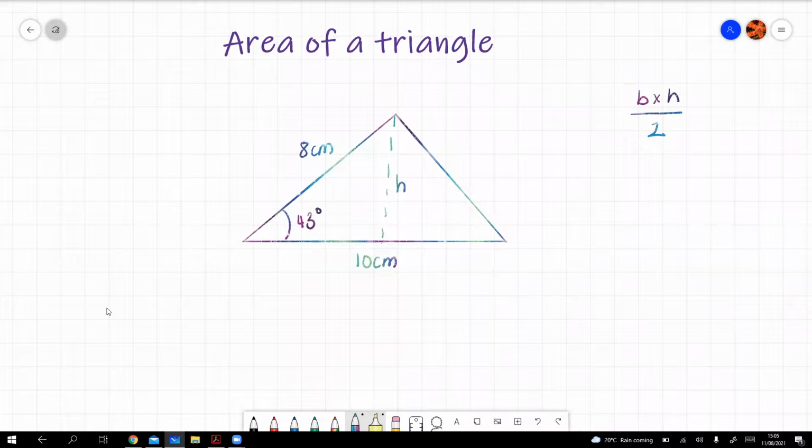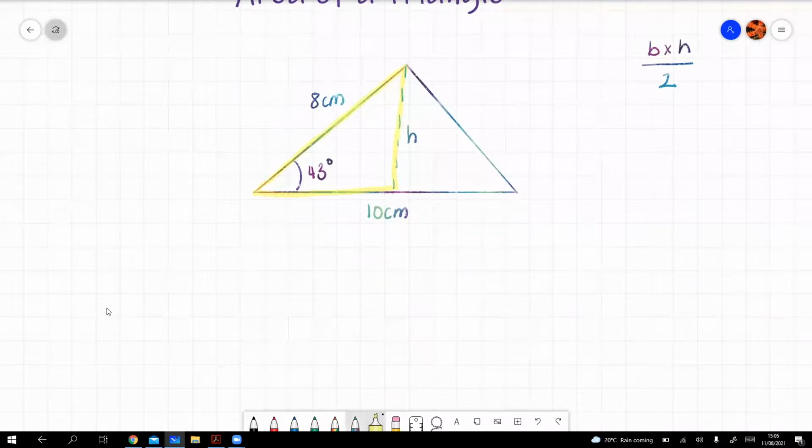Now, what I can do is use this triangle here, if I highlight it, to work out the height of my triangle by using trigonometry. Because let's have a look, I have got the opposite and I've got the hypotenuse. So let's quickly draw our little triangles out, 3 of them.